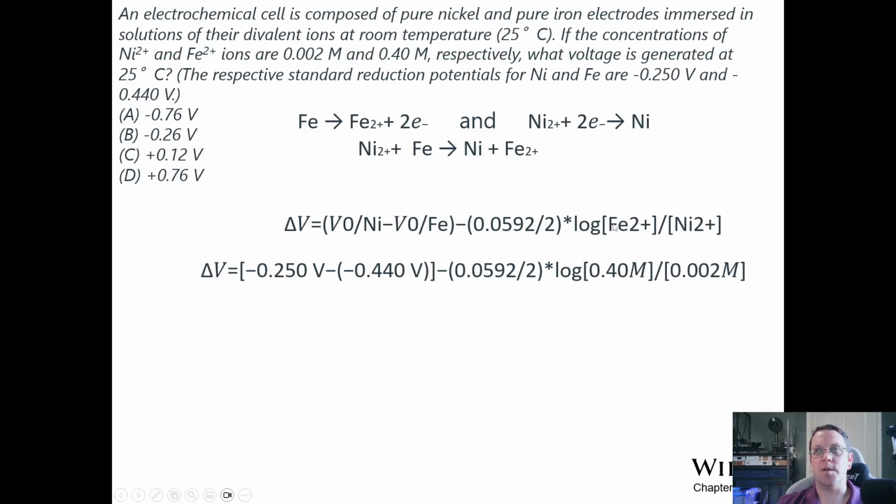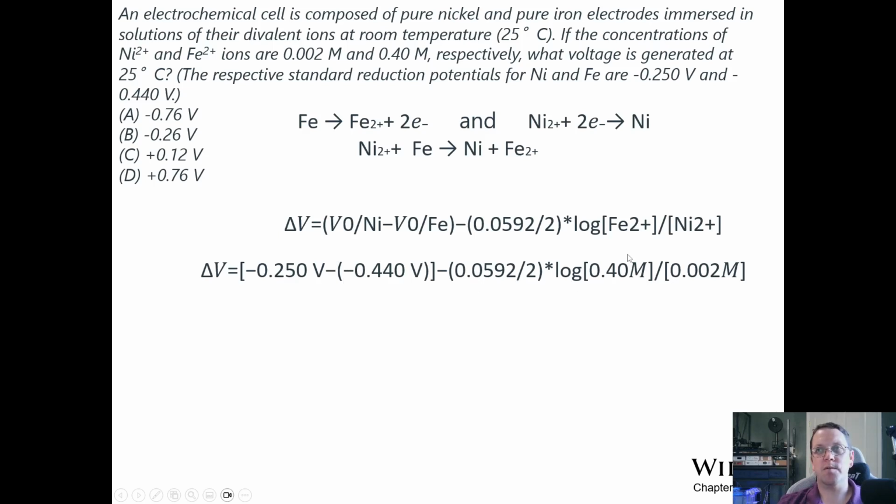So log of the concentration of iron 2+ divided by the concentration of nickel 2+. So minus 0.25, subtract from that our minus 0.44, because even though it's already negative, we're still doing a double subtraction there. So we always look at the difference between the two potentials, even if they're both negative.